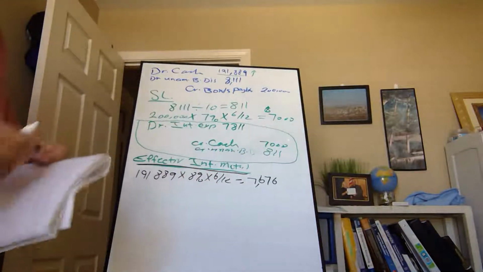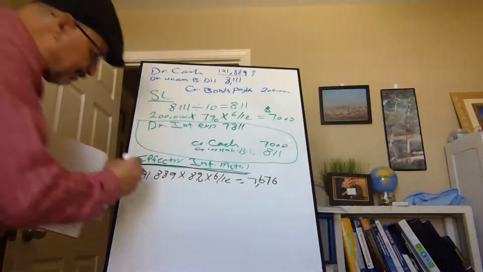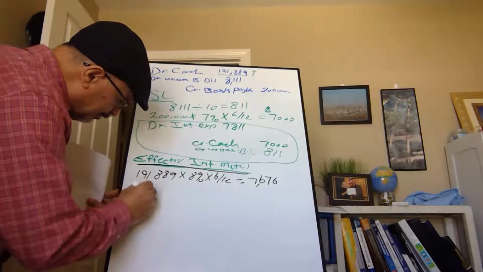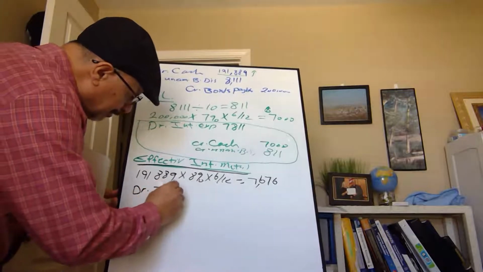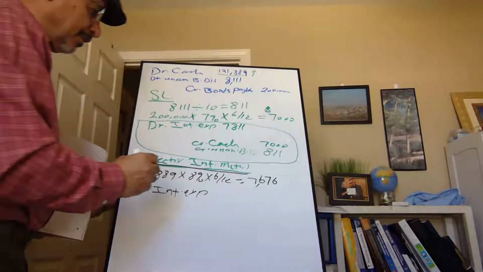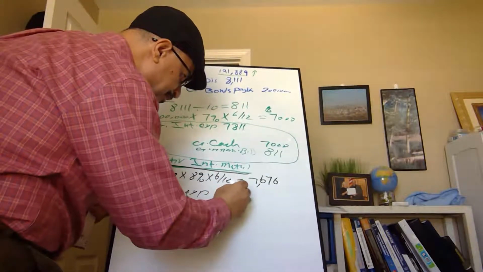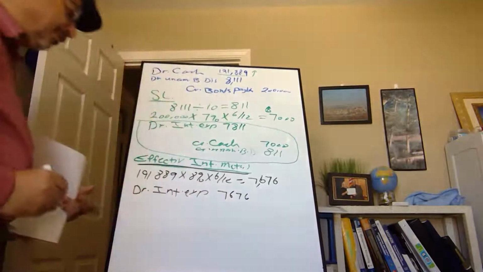So we're going to debit interest expense for 7,676.